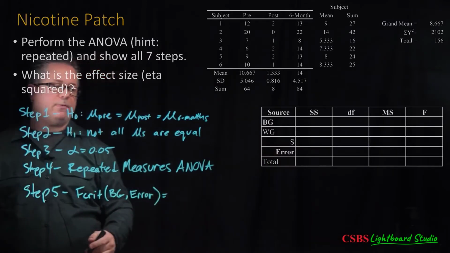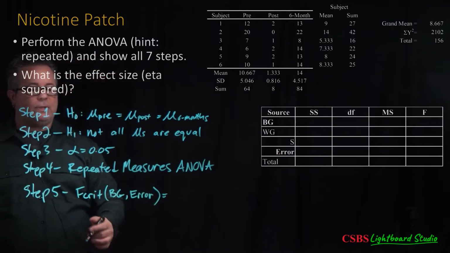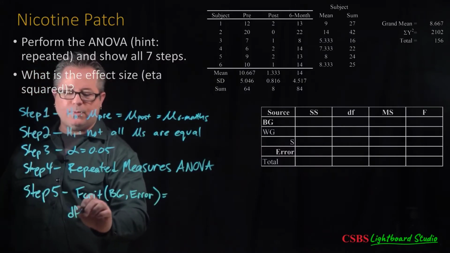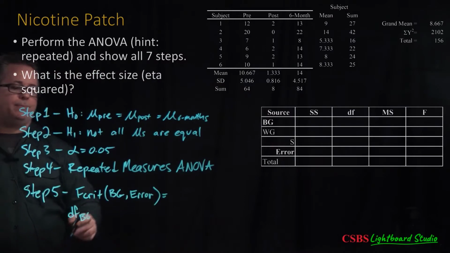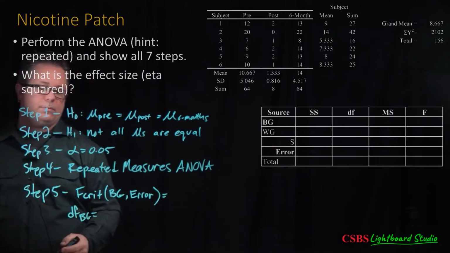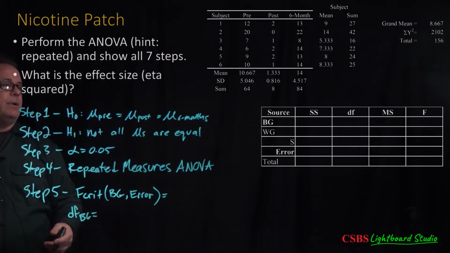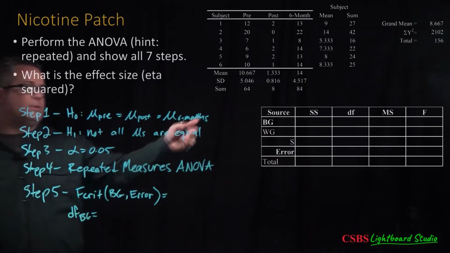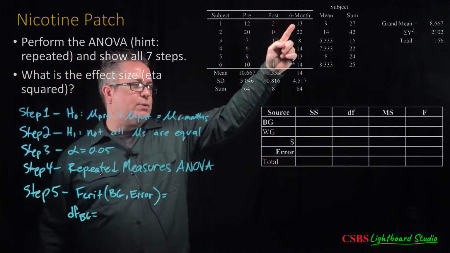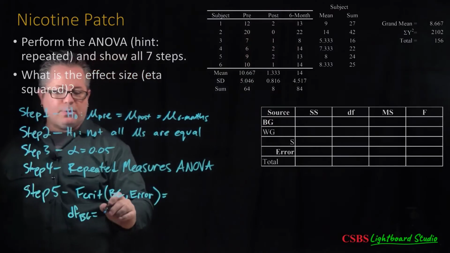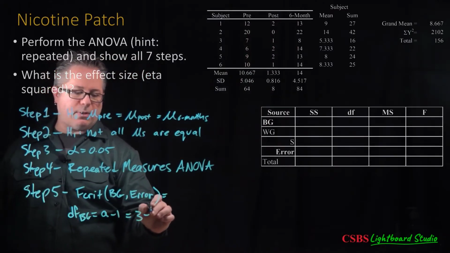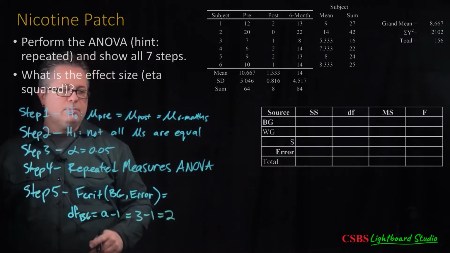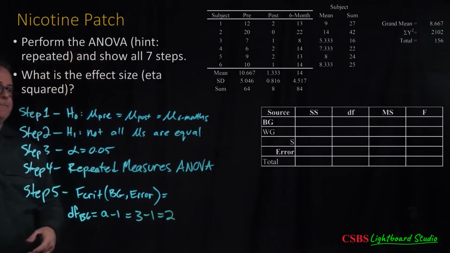So we got to figure out what those are. Degrees of freedom between groups is the same whether it is repeated or between groups. We have 3 times, pre, post, 6 months. So there's 3 of them. So it's going to be the levels of A minus 1, which in this case is 3 minus 1 equals 2. Simple enough.